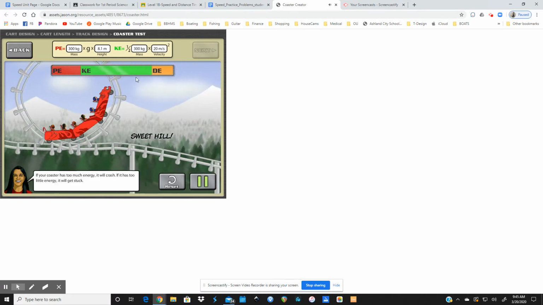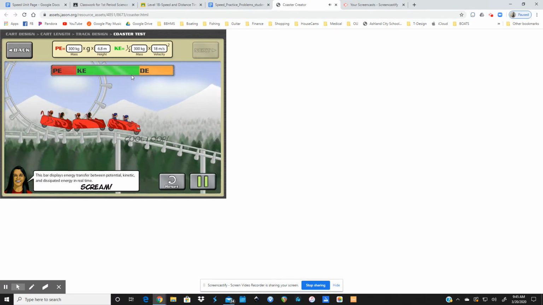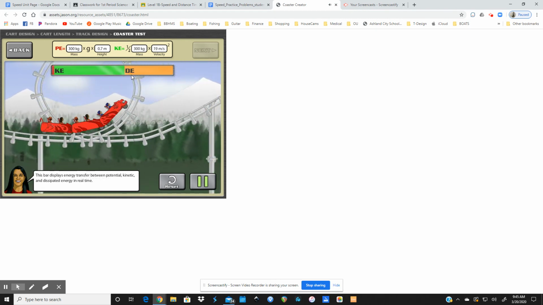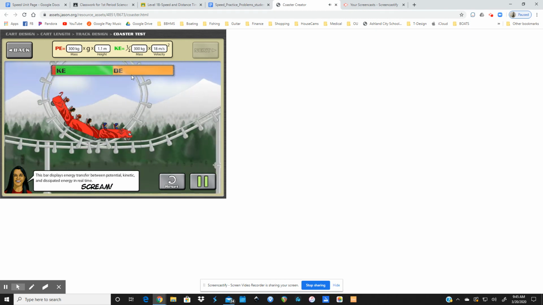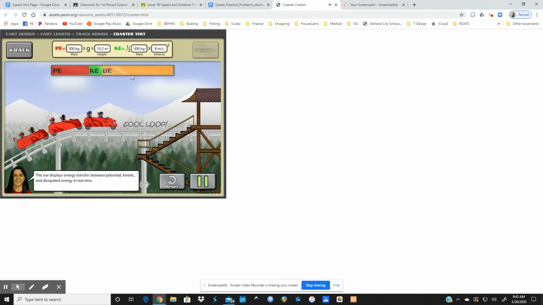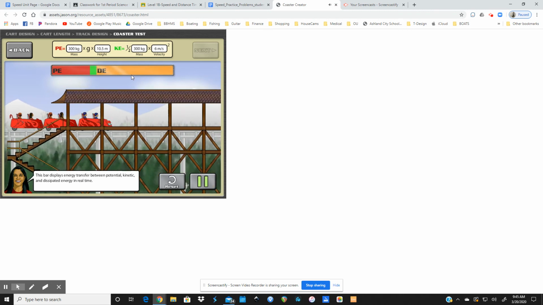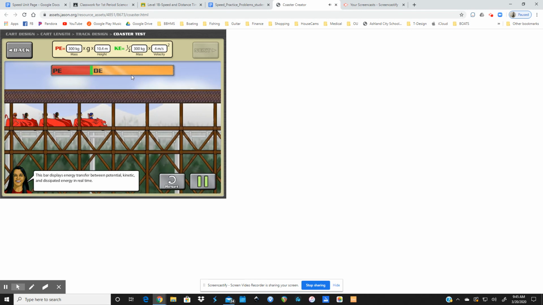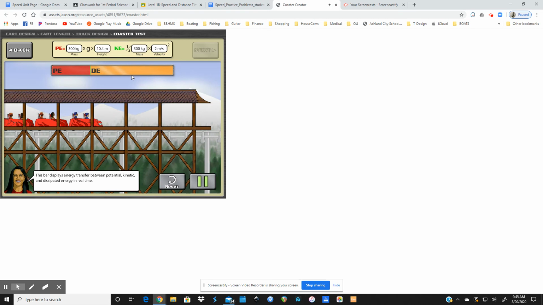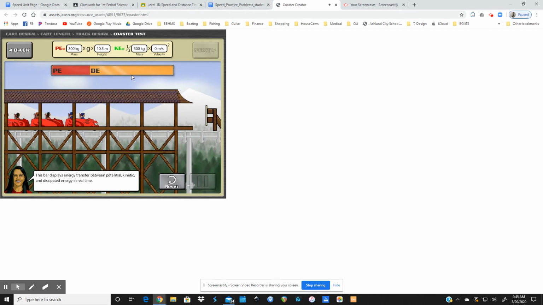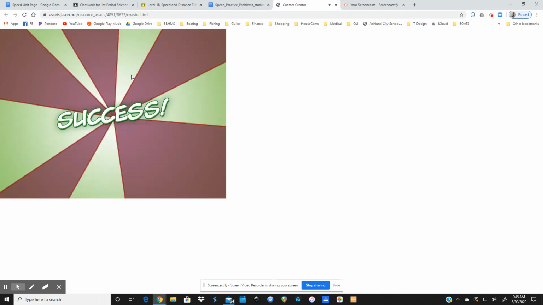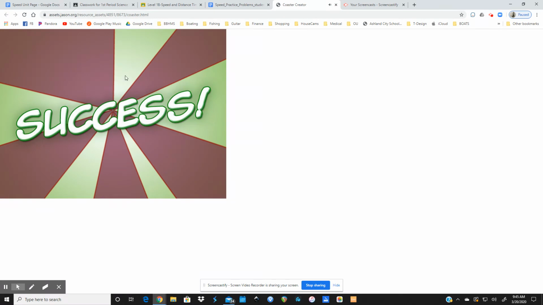At the bottom of the hill, our kinetic energy is greater. And your goal is to try and get it inside this little exit ramp here safely and not crashing in. I did it.